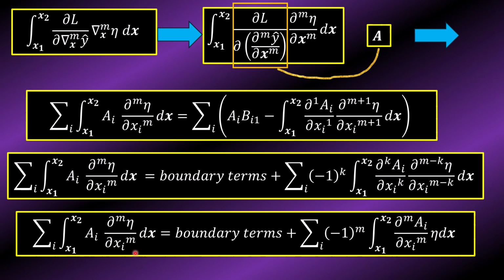This is just the single variable integration by parts, but we're doing it element-wise. You get this negative 1 over here to the kth power because you're always going to be subtracting. So, you get negative, then positive, then negative, then positive. It's just alternating.